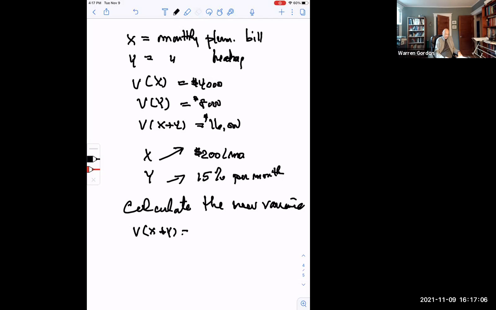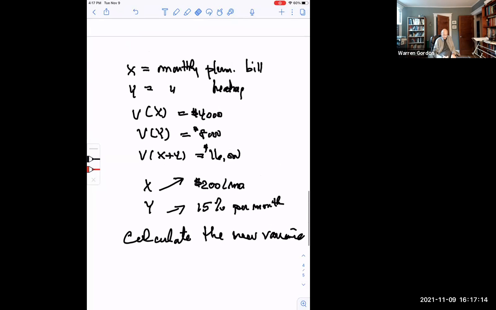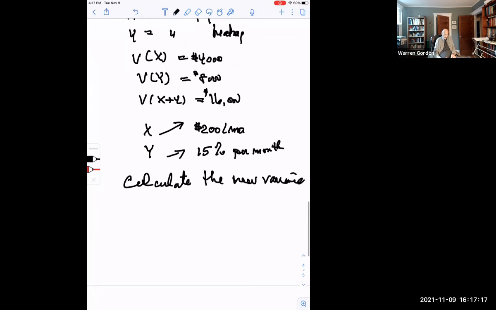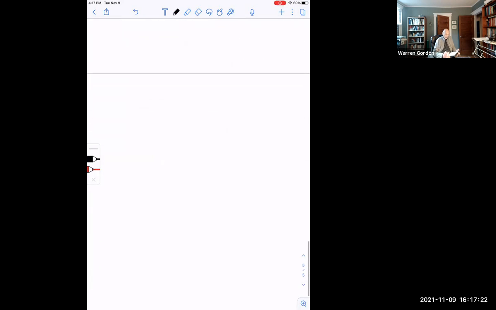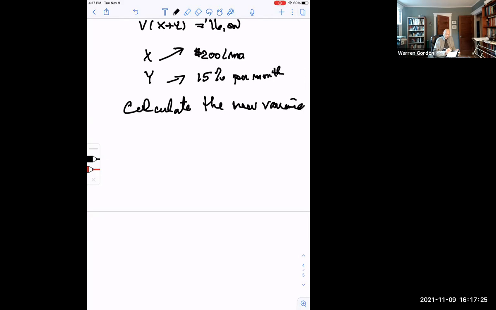If we look at the given information, we're going to need to know the covariance of X and Y because the new bill would be X plus 200 plus Y plus 15% of Y. This is what we want to find.